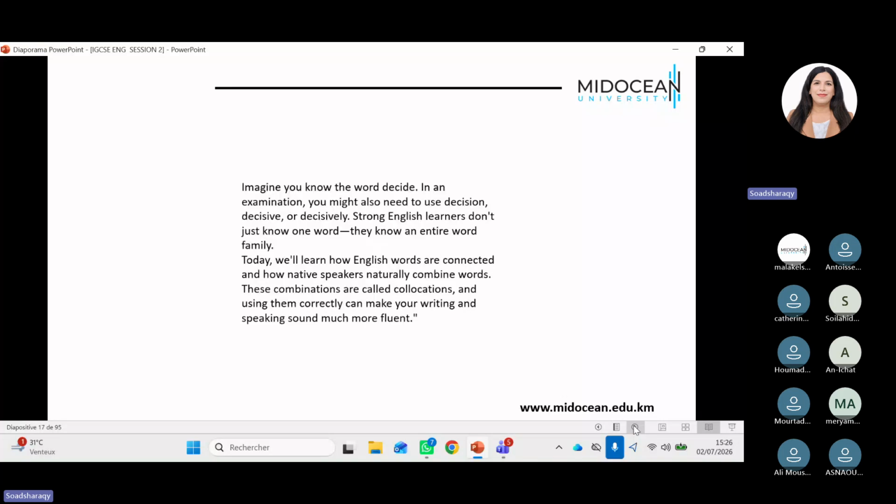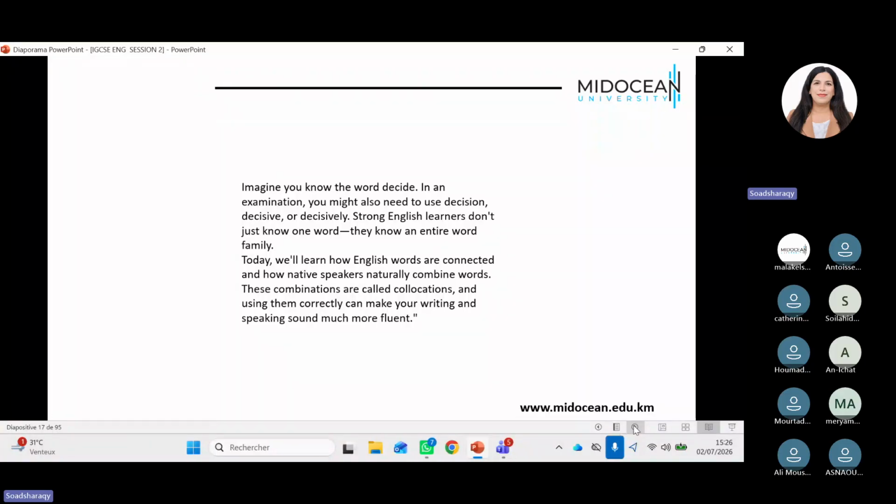So, dear participants, imagine you know the word decide in an examination. You might also need to use decision, decisive or decisively. Strong English learners don't just know one word, they know an entire word family.